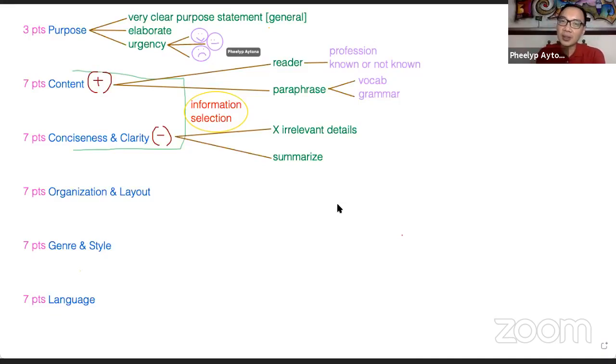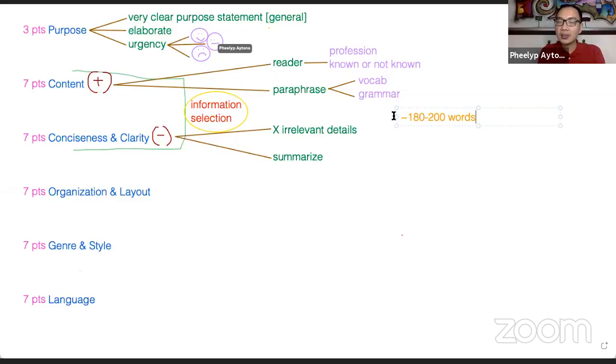Actually, ang sabi dun sa case notes is that you can write your letter normally in approximately 180 to 200 words.